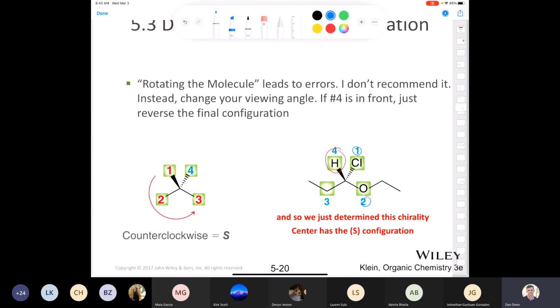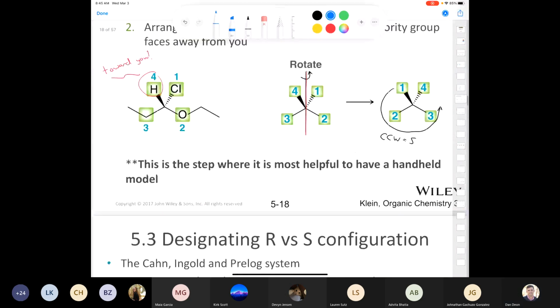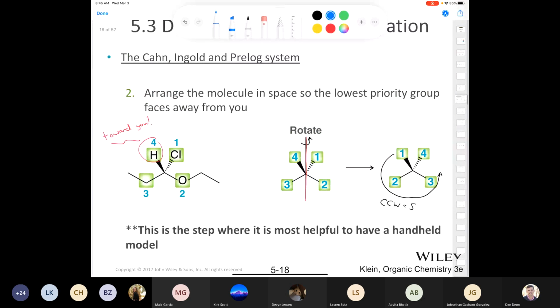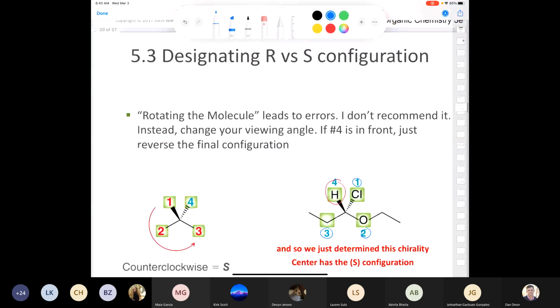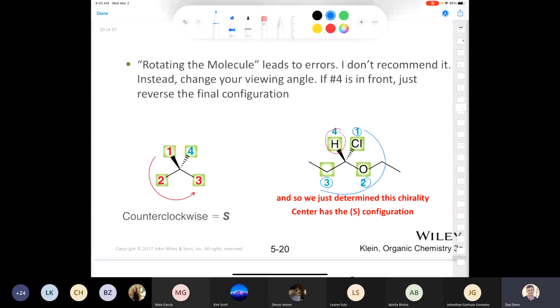We go from 1 to 2 to 3, like that, which is clockwise, which would be R, but we just switch it. Since this group is coming towards you, you switch that, and it just becomes S. So you just swap it out, and that's the easiest way to do it.